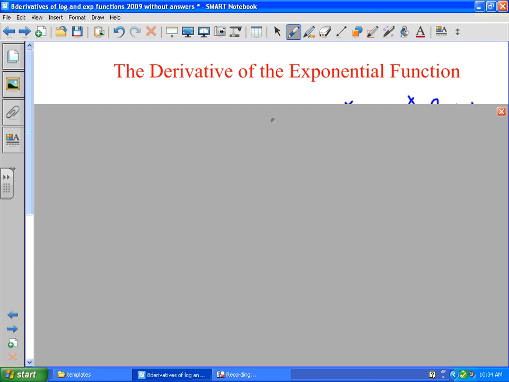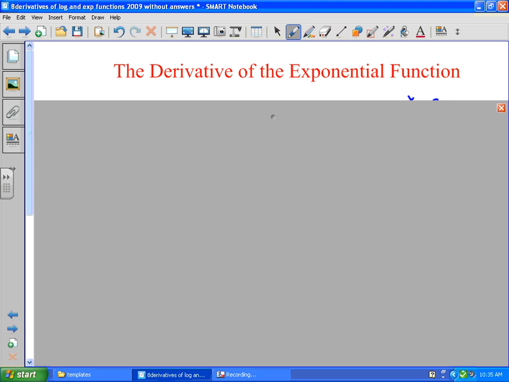We're going to begin with the exponential function and take a look at the derivative of the exponential function. Like I told you earlier, the derivatives of exponential functions and logarithmic functions are actually very, very simple.